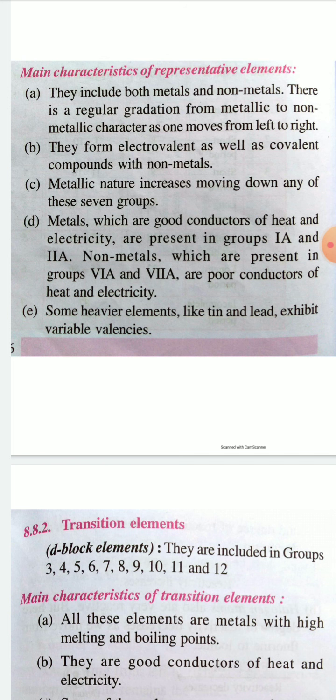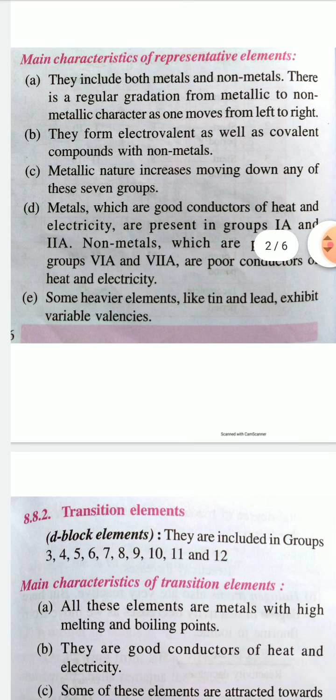Generally, elements of group 1 and 2, that is metals, form electrovalent compounds with group 15, 16, 17 elements, that is with oxygen, nitrogen, chlorine, fluorine, these non-metals.